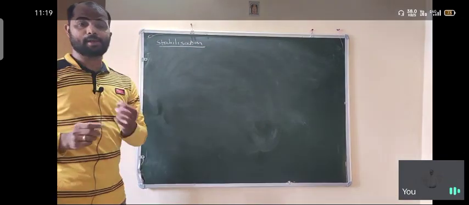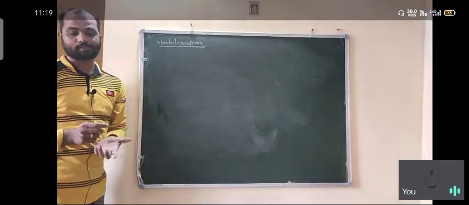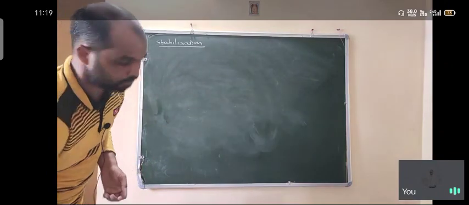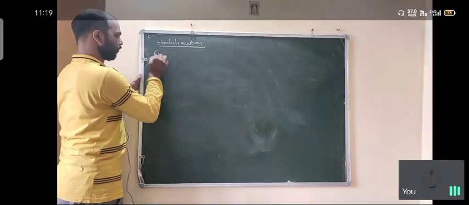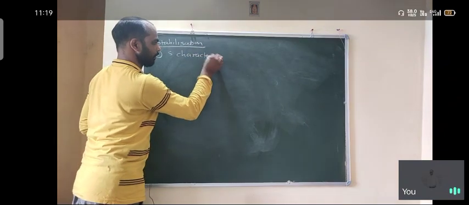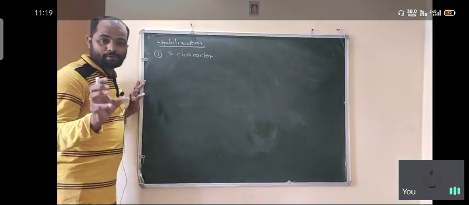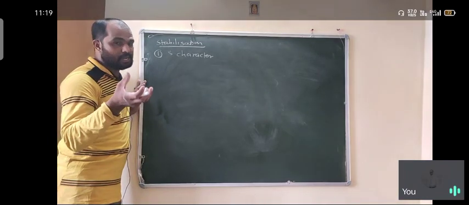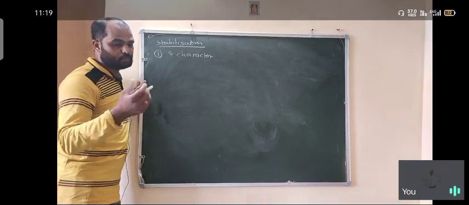So the carbanion stabilization depends on a number of factors. Which factors are responsible? I already told you, first is the s character. Those carbons that have more s character have the tendency to stabilize the carbanion more effectively.